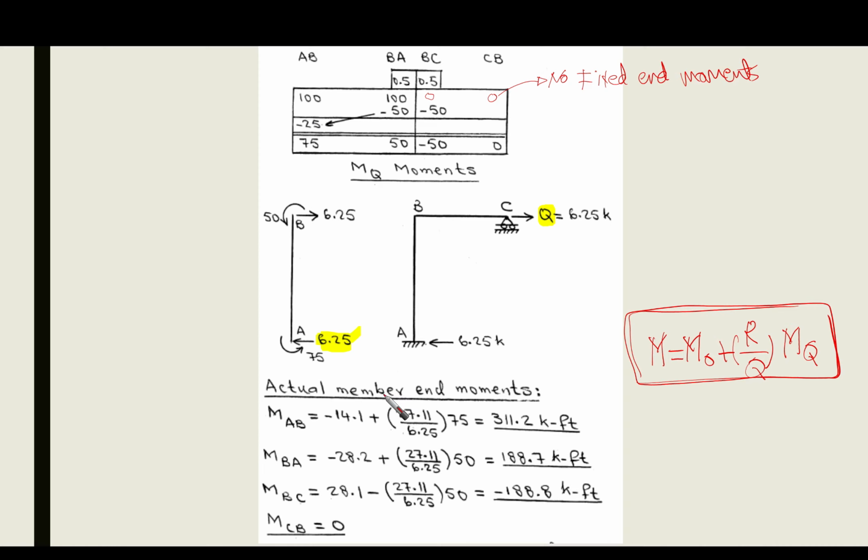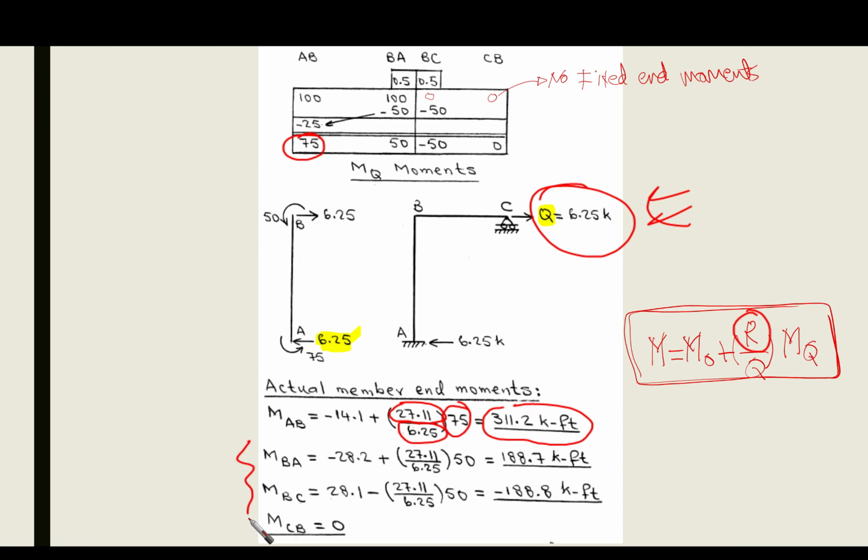And here, this is R, as we have mentioned before. And this is Q, as we have already obtained, multiplied by MQ, which is 75 here. This gives us 311.2 kip-feet.